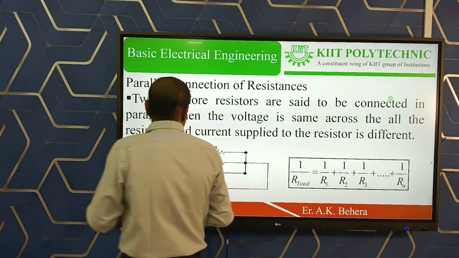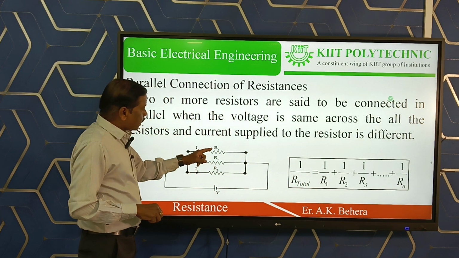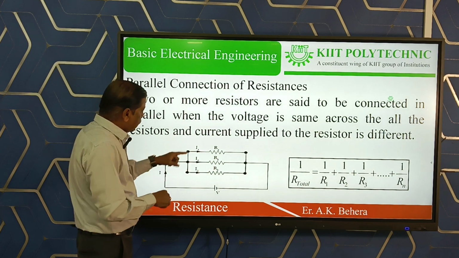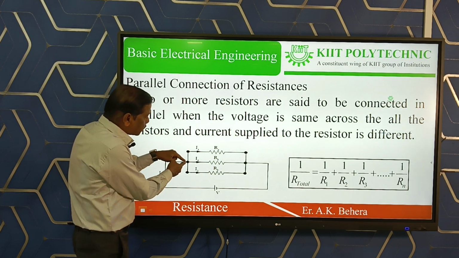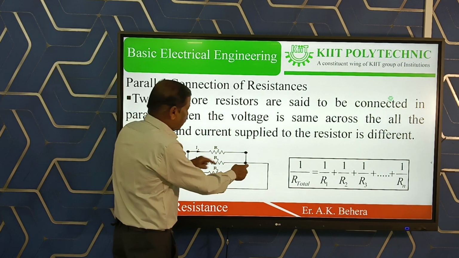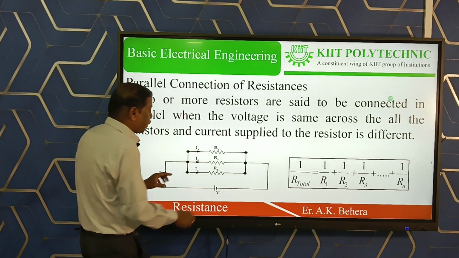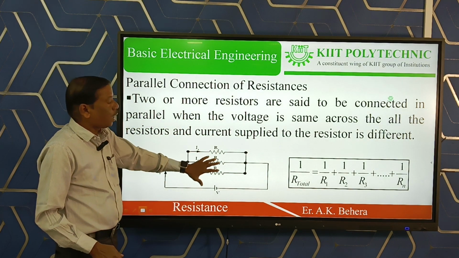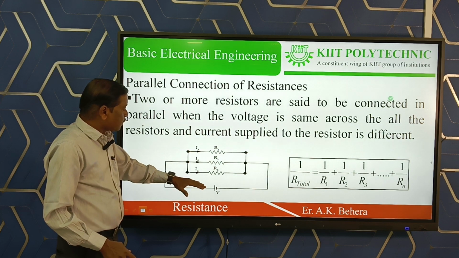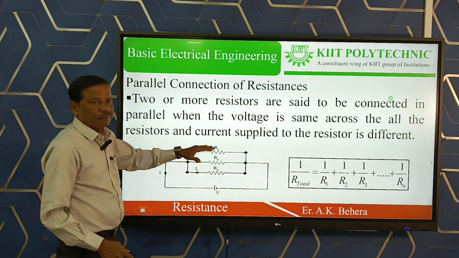Here three resistances R1, R2, R3 are connected, all three starting ends are connected here and the end points are connected here, and the voltage V is applied across the whole parallel circuit, so that the voltage across each element is the same.